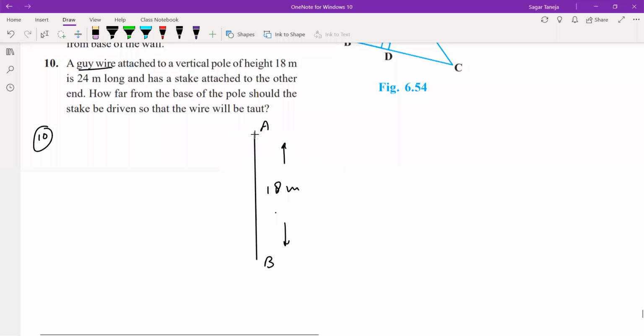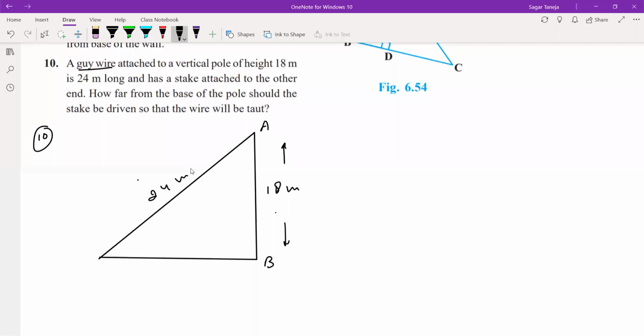So the guy wire is attached to the pole like this to the ground, and it is 24-meter long. So height is 18 meter, and the guy wire is 24-meter long.